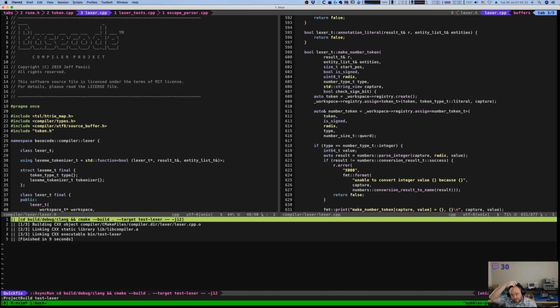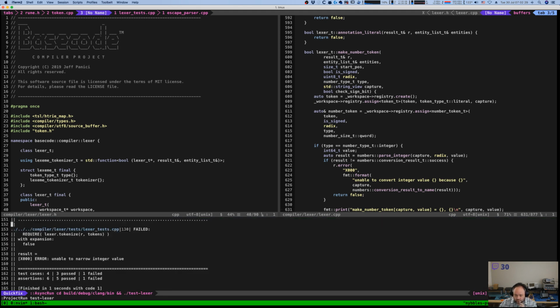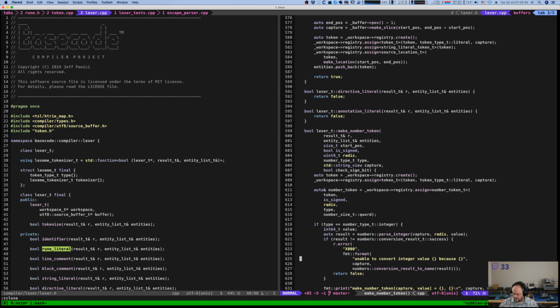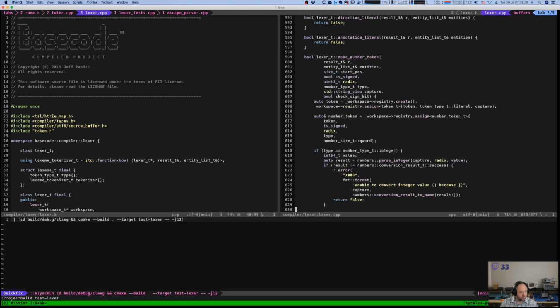I'm guessing we're off somewhere by a character. Well, maybe. 16. That looks okay. Let's put something around it. Make sure that there isn't like a space or something in there.